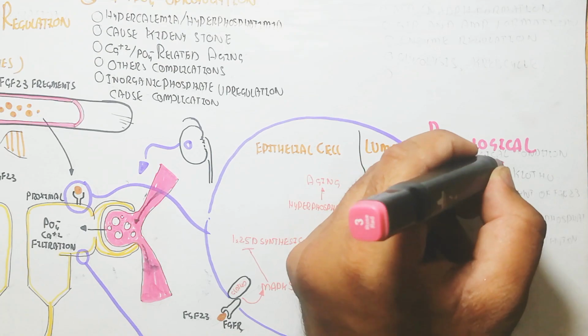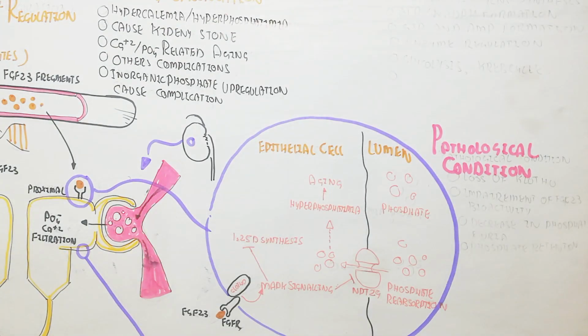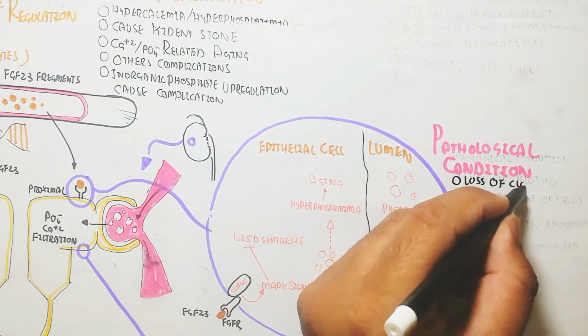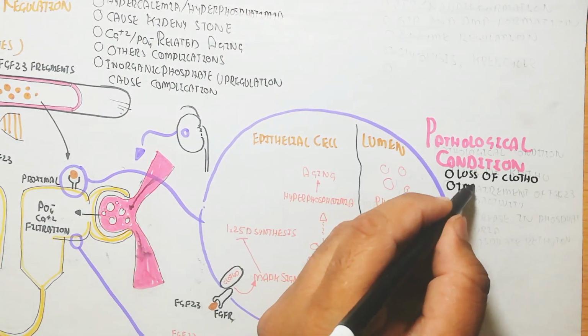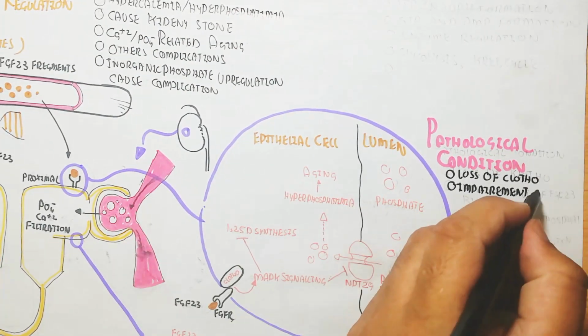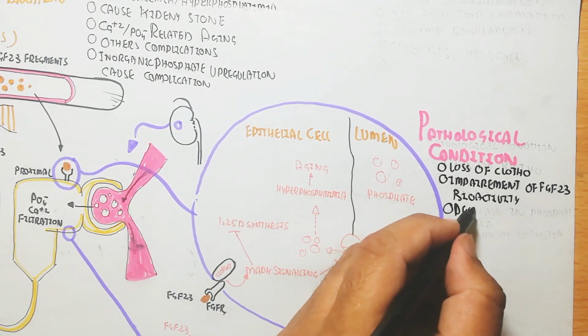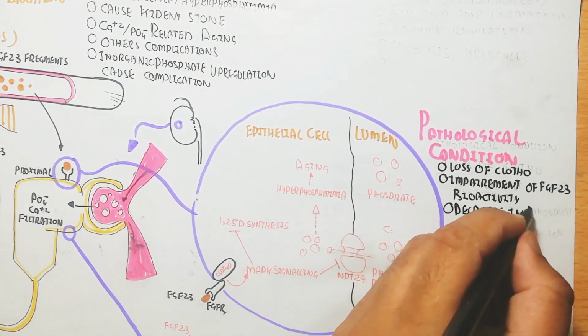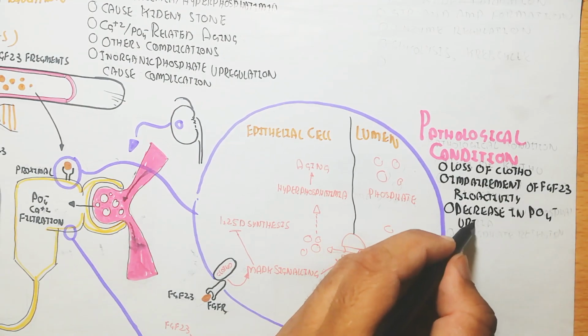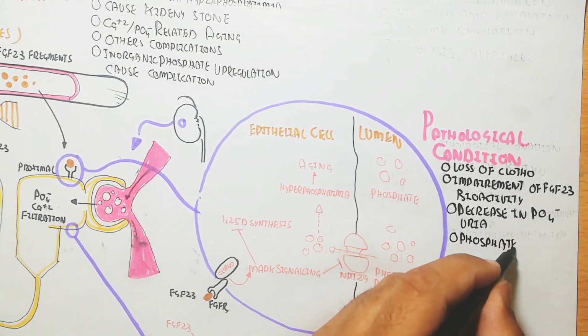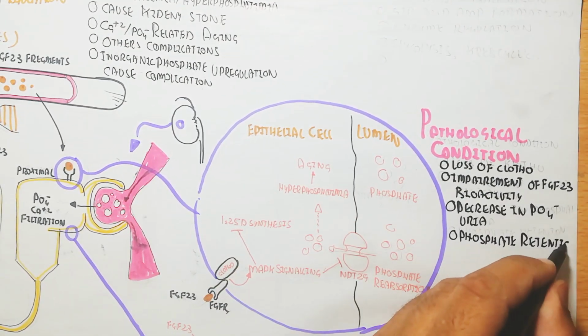In the pathophysiological condition, loss of CLOTHO and impairment of FGF23 bioactivity decrease phosphaturia, so phosphate retention will occur. This phosphate retention will cause phosphate-related aging in the body.